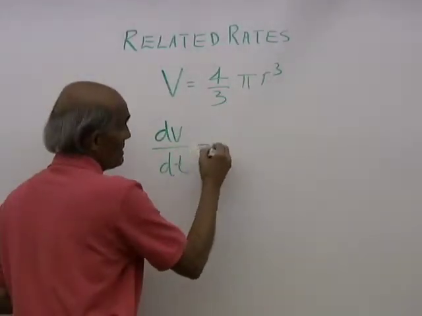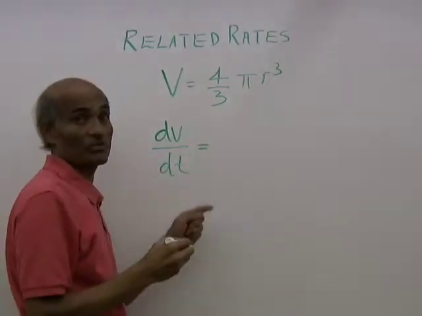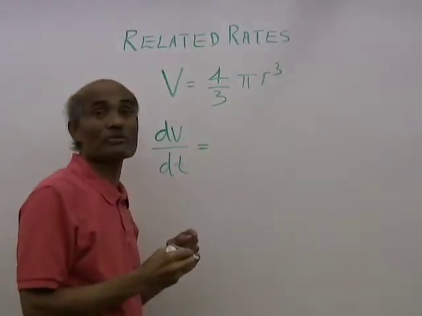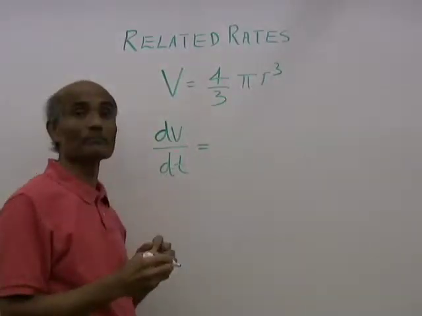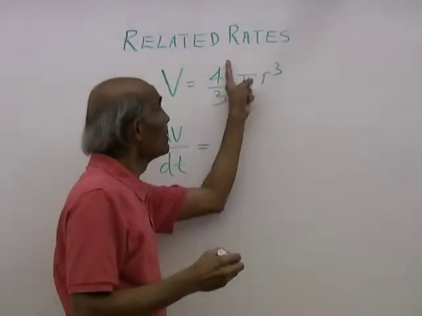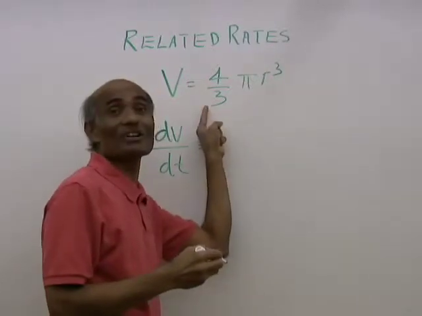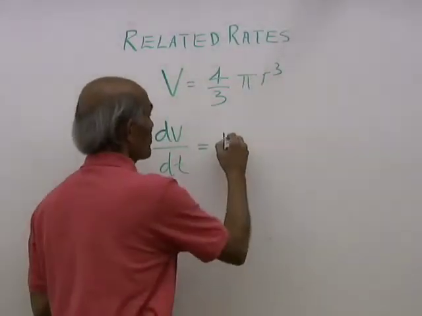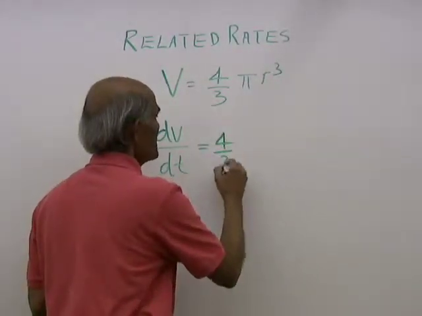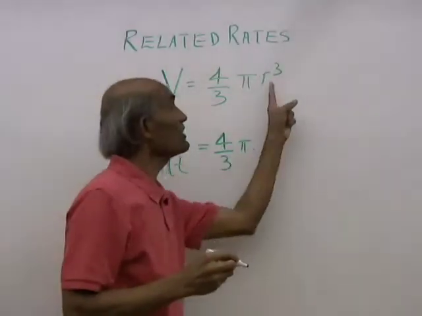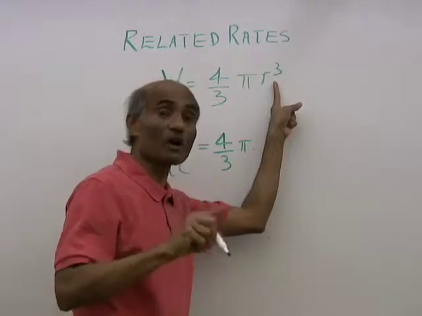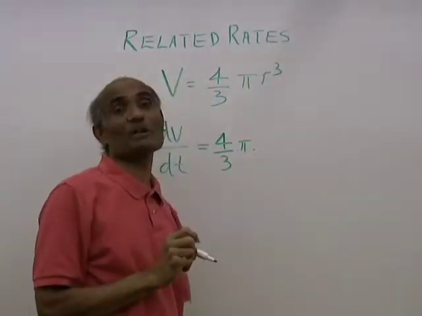So I can say dV over dt equal to, can you find the derivative of the right hand side with respect to t, the time? Remember, 4/3 pi is a constant, so that will remain as it is. That will be 4/3 pi times, what is the derivative of r cubed with respect to t?